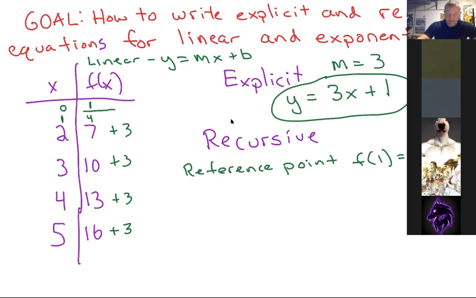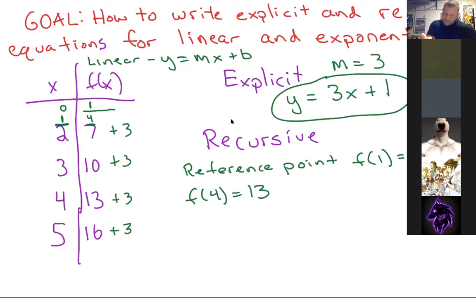It's 4. When it's 1, it's 4. Now you could have done any of these. I could have gone with f of 4 is 13, or f of 5 is 10. That just tells you where you're starting. It's kind of like a starting point.